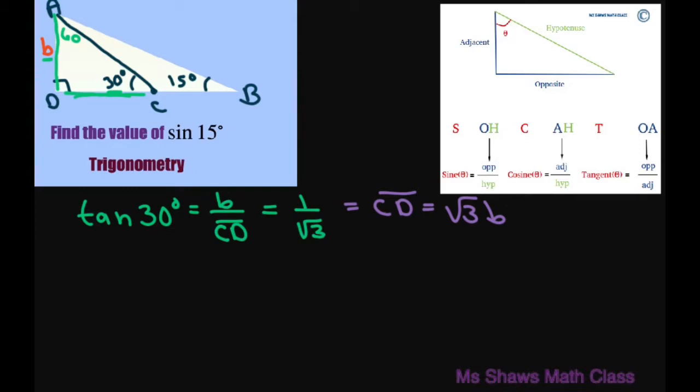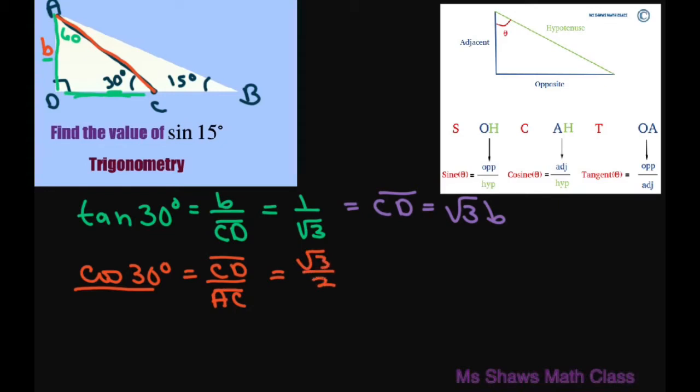All right, now let's do cosine of 30 degrees. Now that's going to be CD divided by line segment AC. All right, so there's this one. That's your hypotenuse. So we're doing cosine of 30. We know that cosine of 30 degrees is square root of 3 divided by 2.